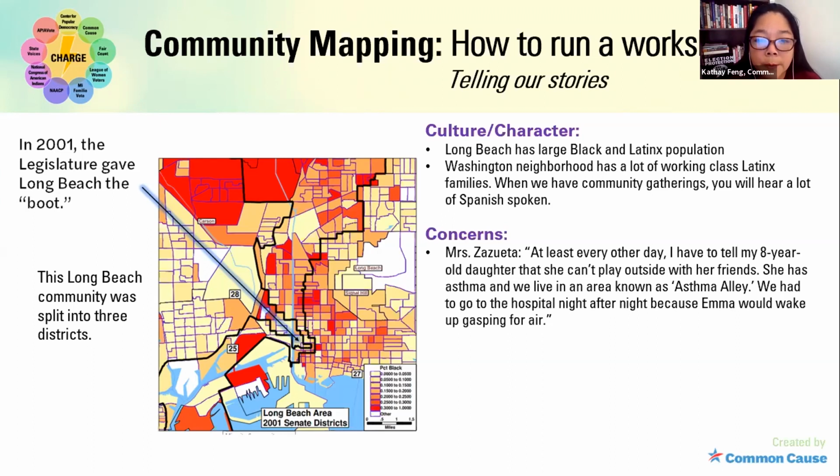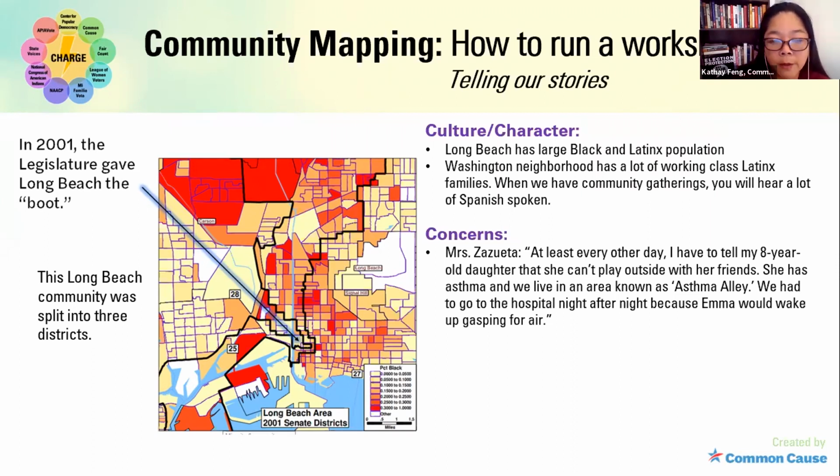The families in these neighborhoods, like the Washington neighborhood, suffer serious health problems because of this pollution. As the story in this concerns part shows, Mrs. Zazueta talks about how the pollution means that her daughter has asthma and she has to be rushed to the hospital several times a week because she can't breathe.